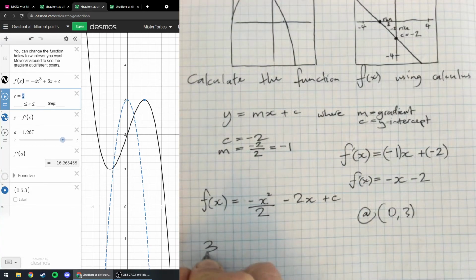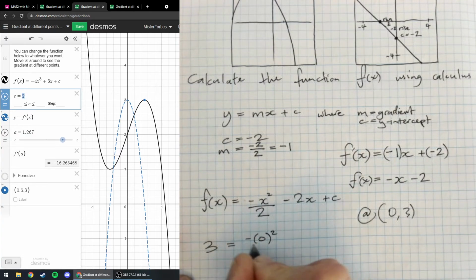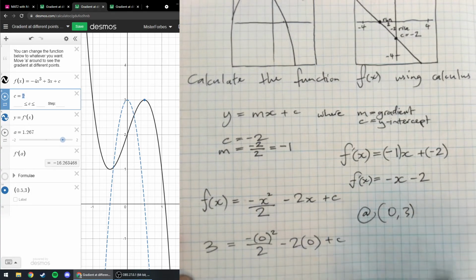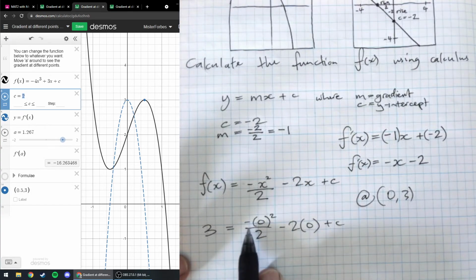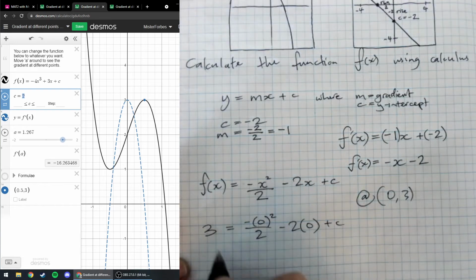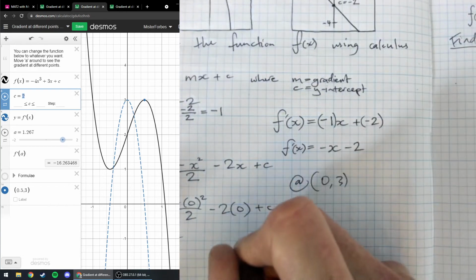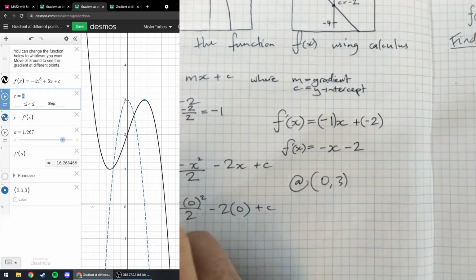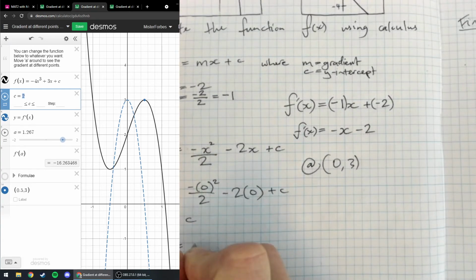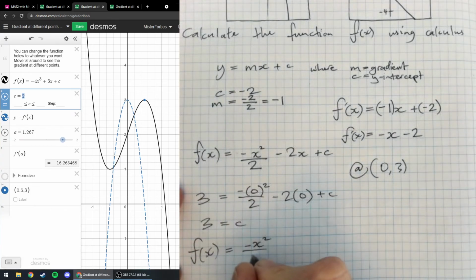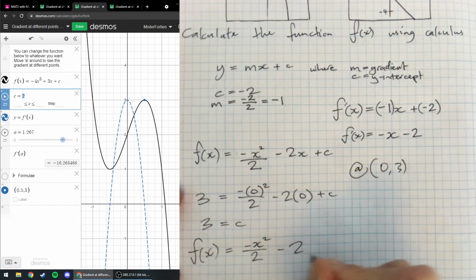So 3 equals negative 0 squared over 2 minus 2 times 0 plus c. Well, would you look at that? This is just going to get to 0, this is just going to get to 0, so voila, 3 equals c. So that means our function f of x is just negative x squared over 2 minus 2x plus 3.